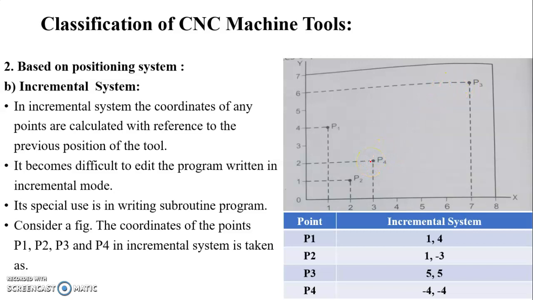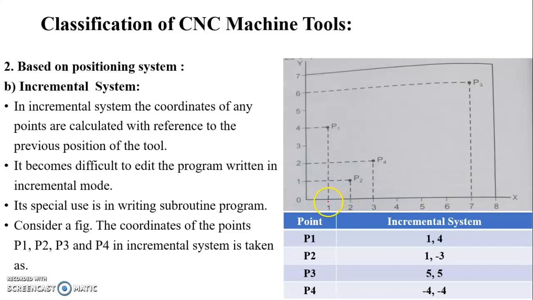All these points in the incremental system are taken as follows: at point P1 the value of the x coordinate is 1, whereas the value of the y coordinate is 4. At point 2 the value of the x coordinate is 1, because in the previous position the tool is at point 1, and when it moves from 1 to 2, it travels only 1 mm distance.